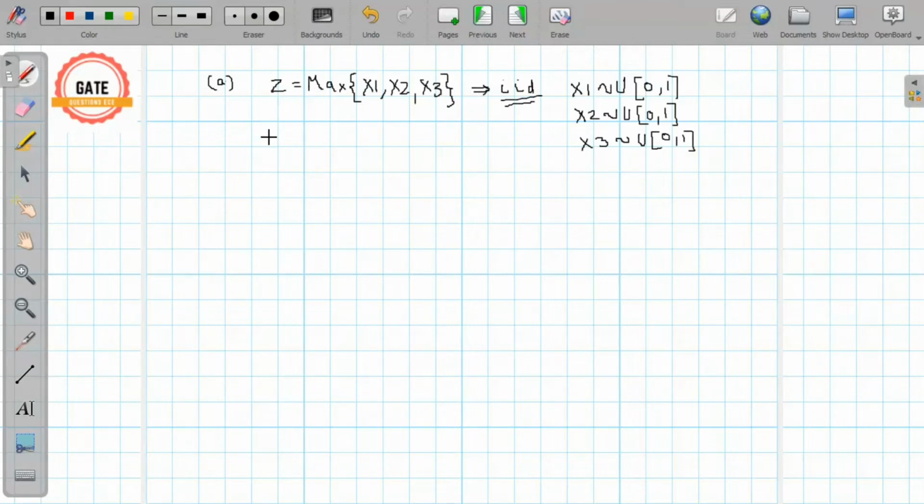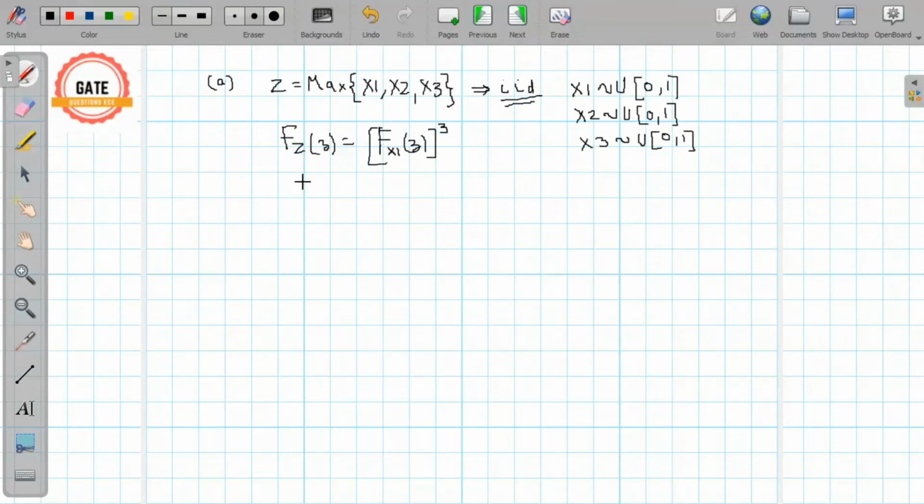So, for this case of i.i.d, we know that the CDF of z will be equal to the CDF of x1 raised to power n. But here n is 3 because in total there are 3 random variables. So it is raised to power 3.